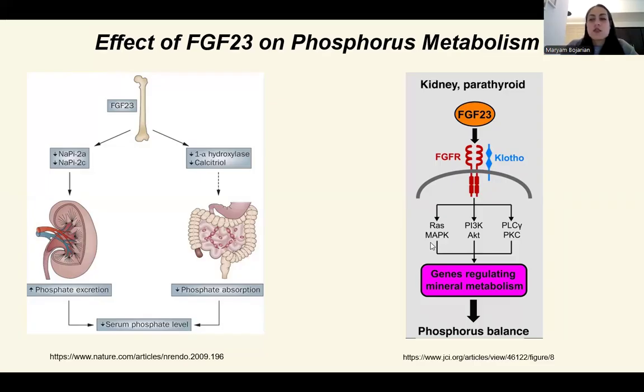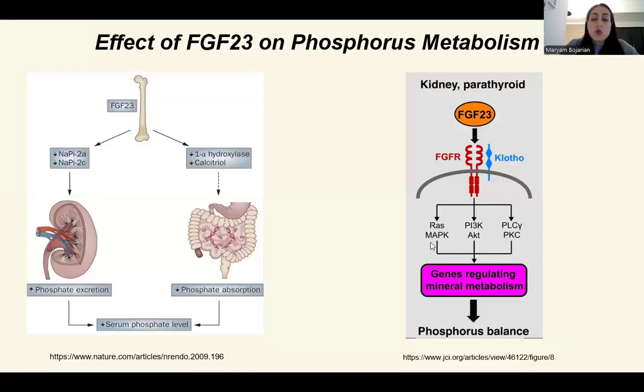FGF23 is a hormone produced primarily in osteocytes and osteoblasts in the bone, and its main function is to lower serum phosphate level and regulate vitamin D production. We call FGF23 a phosphaturic agent. And alpha klotho is a transmembrane protein highly expressed in kidneys and parathyroid glands, and it is essential for FGF23 to bind with high affinity to its receptor, which is fibroblast growth factor receptors.